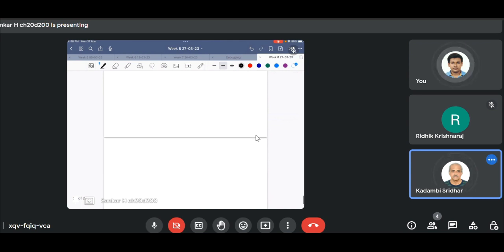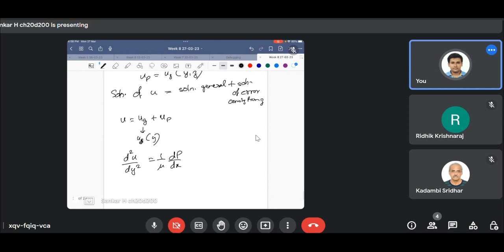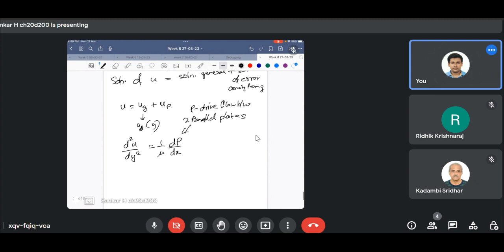Yeah, correct. Now we have seen how this question can be solved in our fluid mechanics course. We are basically solving for a parallel plate setup, or a pressure driven flow between two parallel plates.